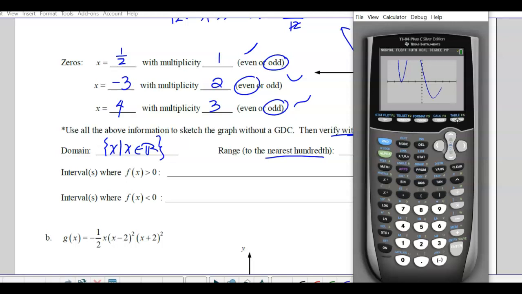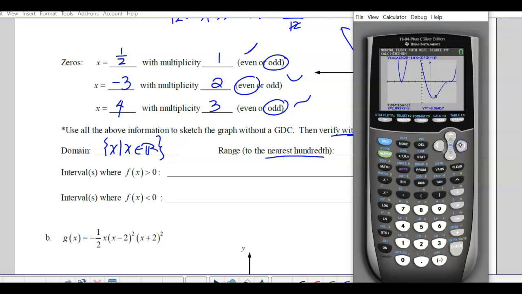If you want to see all of it, that maximum value in there, you can change your window, but we don't need to. You just need to find that minimum point. So second trace minimum, and you want to cursor close to where you think it is. Enter.